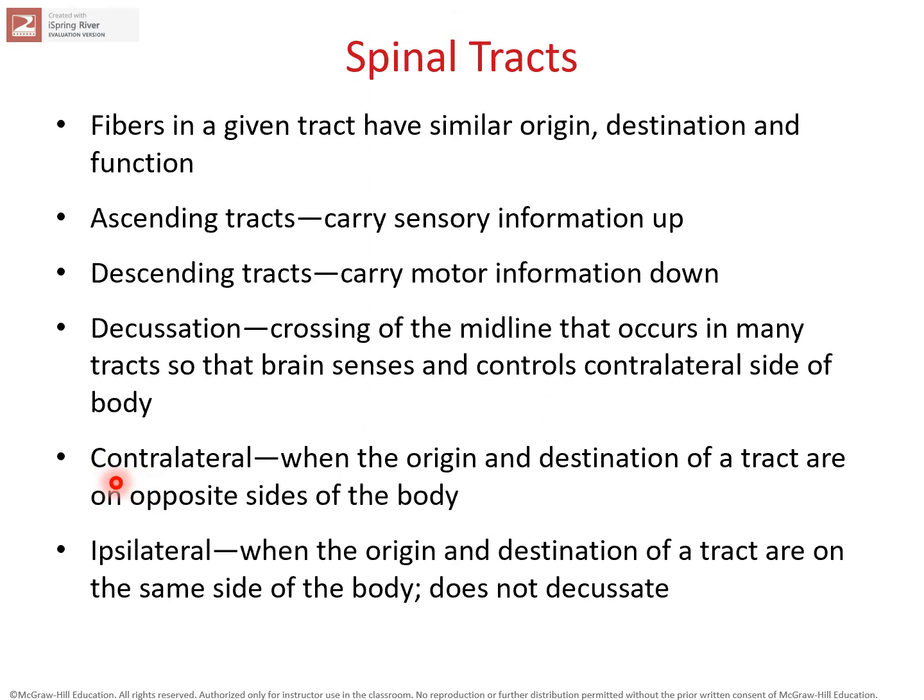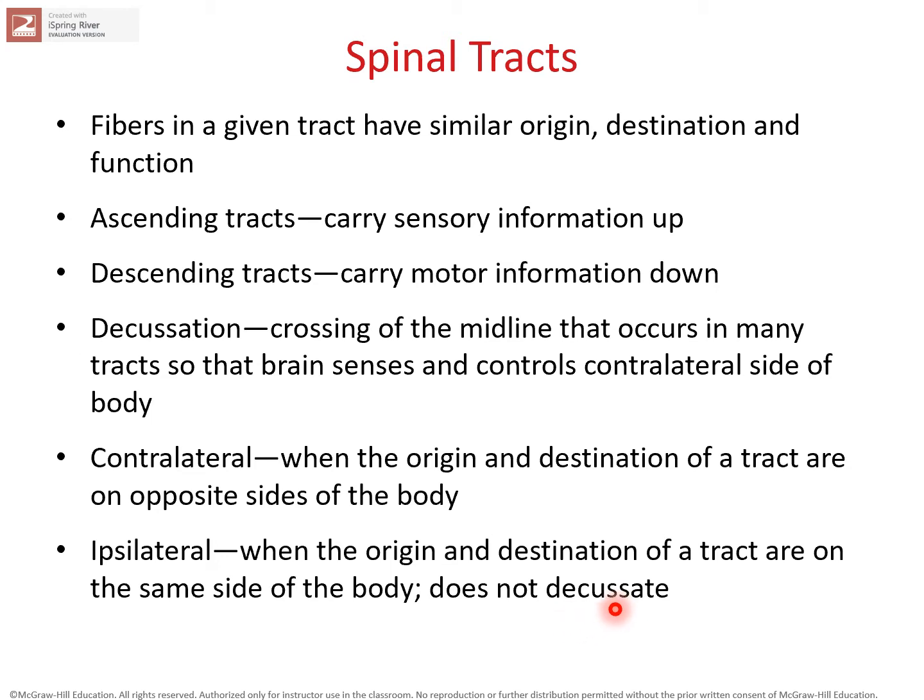And then if a nerve has opposite sides of origin and destination, just say the nerve from the right side of the body crosses over in the spinal cord and ends up in the left side of the brain, those are called contralateral spinal tracts, okay? And ipsilateral tracts is when the origin and destination of the tract are on the same side of the body, meaning they do not decussate.